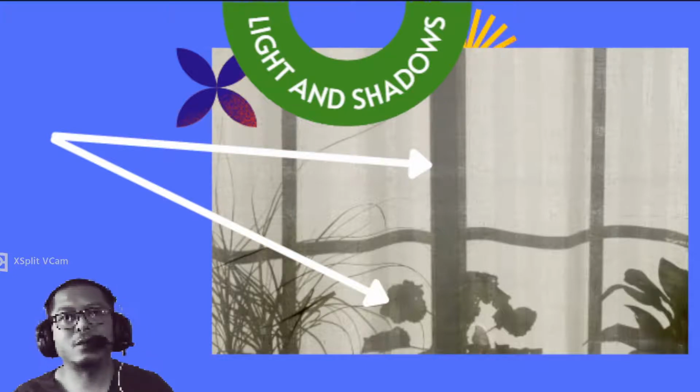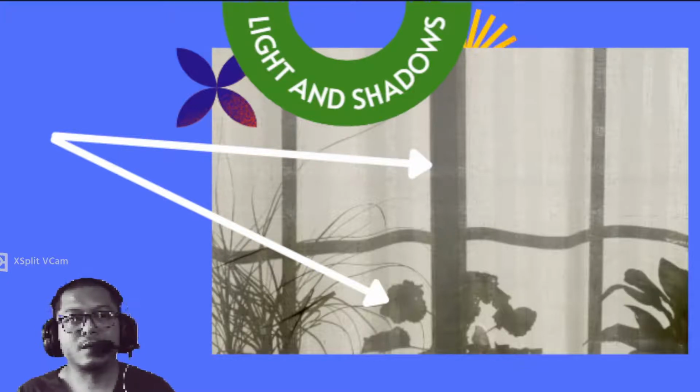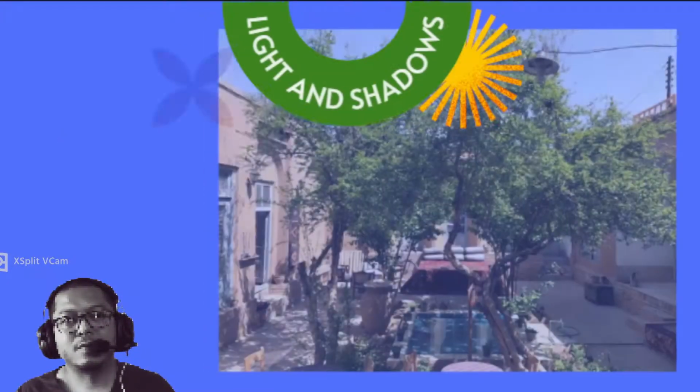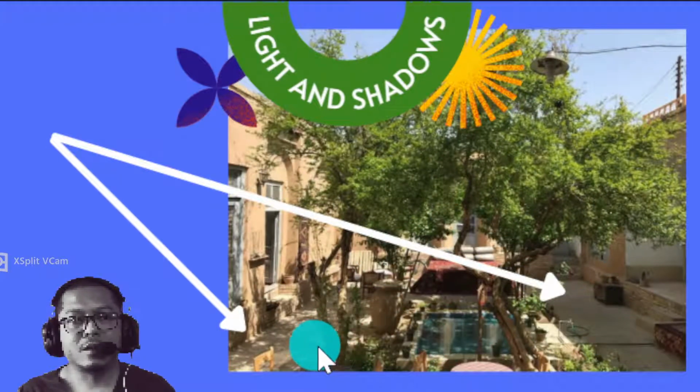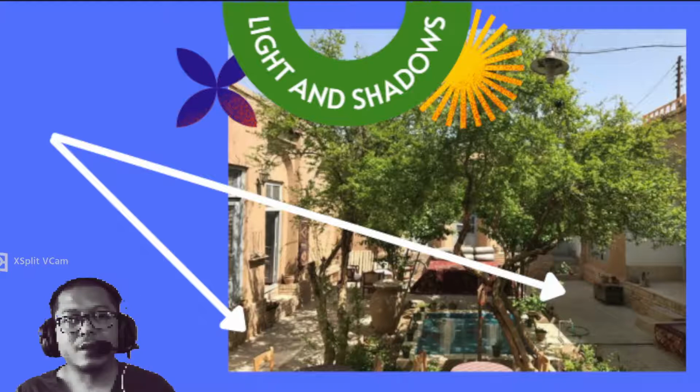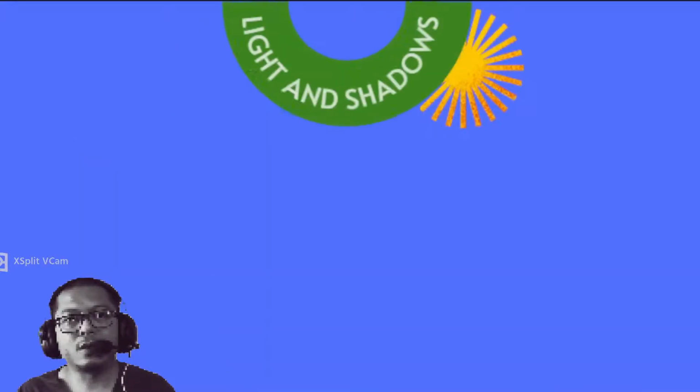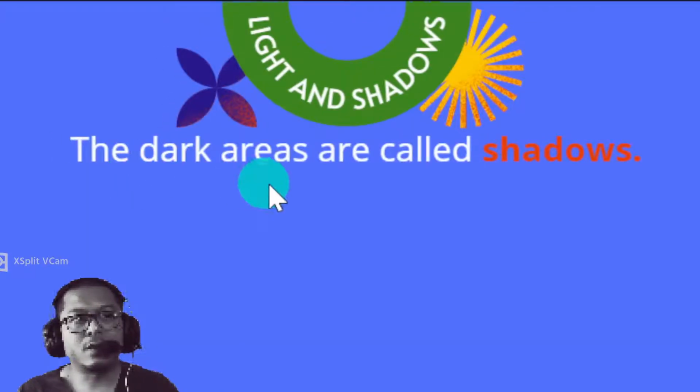In the morning, we're still talking about the sun in the morning. And there are also dark areas here under the trees, and those are what we call shadows. The dark areas are called shadows, bayang-bayang.